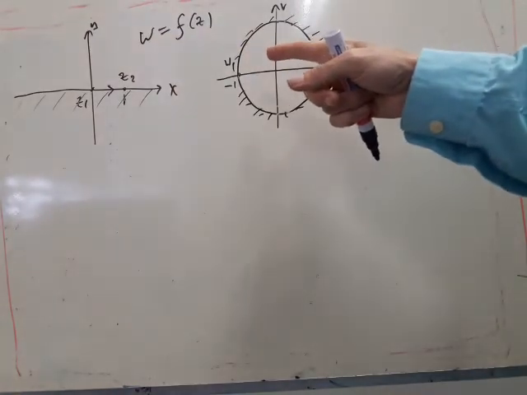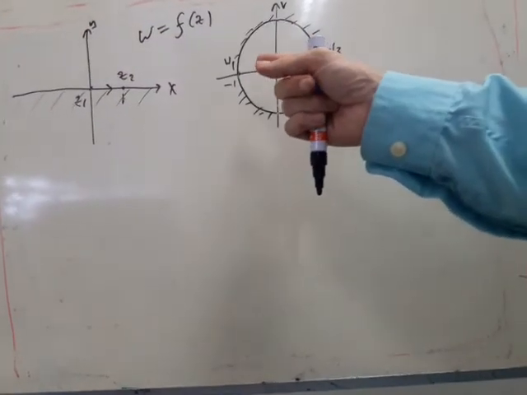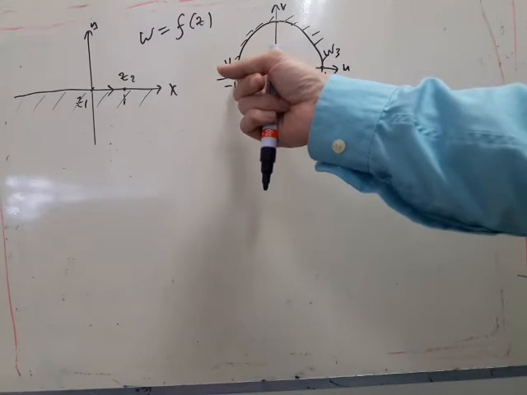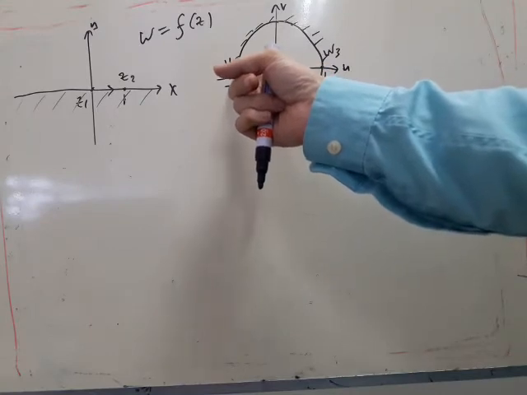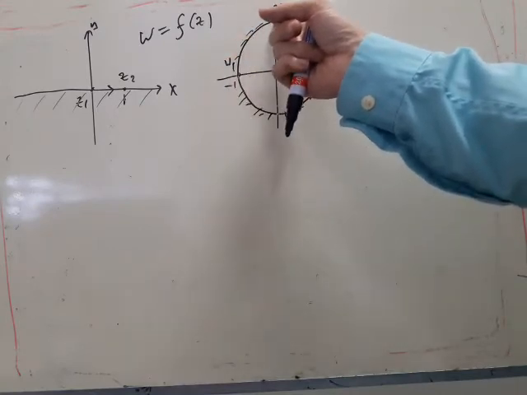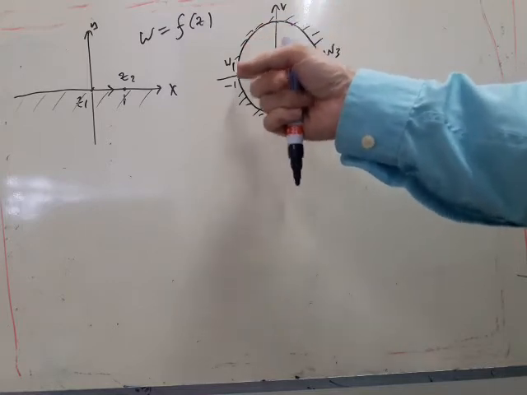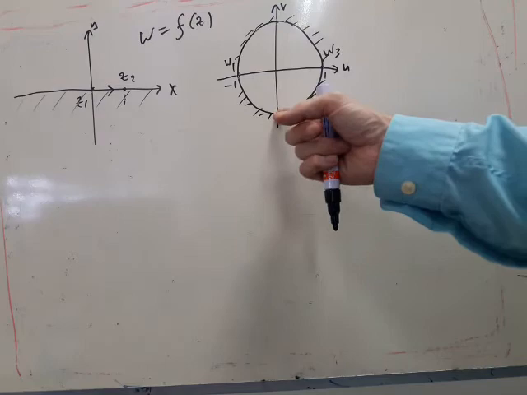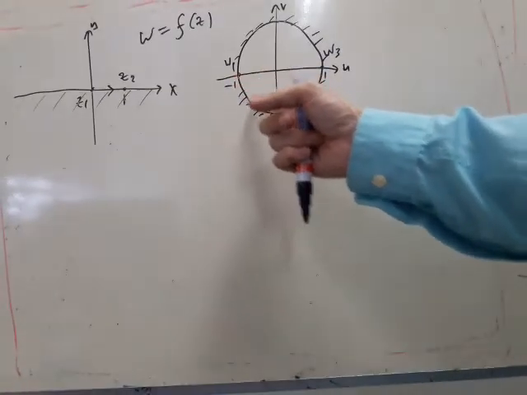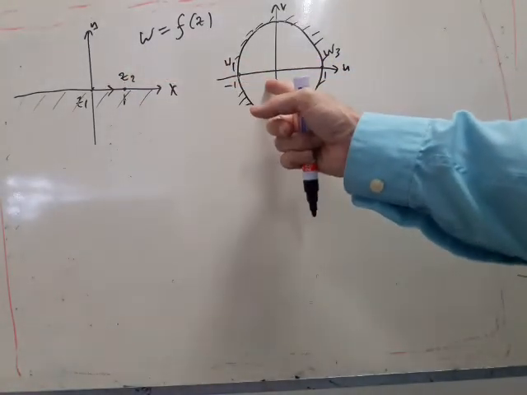Now, if I put W2 here, then moving from W1, the region I want is on the right, so that's the wrong side. So I need to put W2 here so that the region I want is on the left.